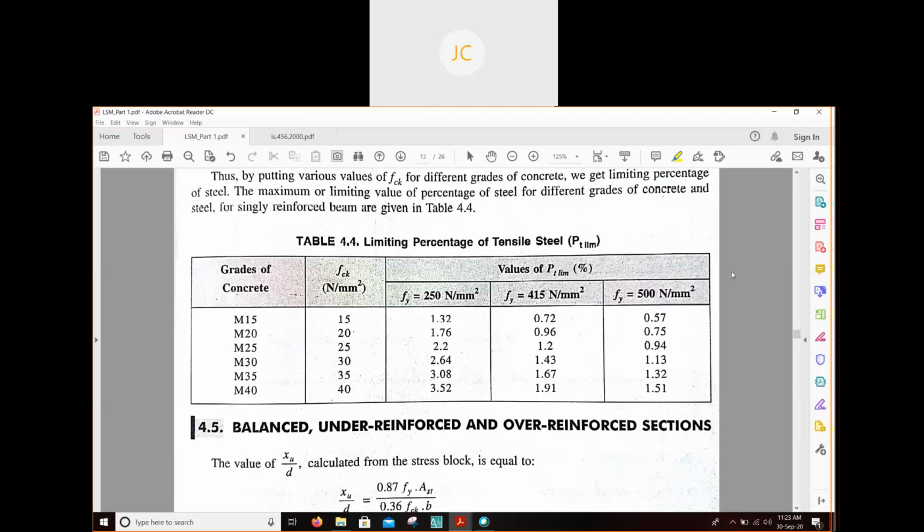Then 33, Jodha. Are you present? Jodha absent. 35, 36, 37, 38, 39, all are absent. Then 42 absent. Then 43, are you present?